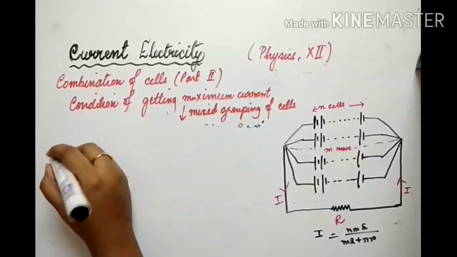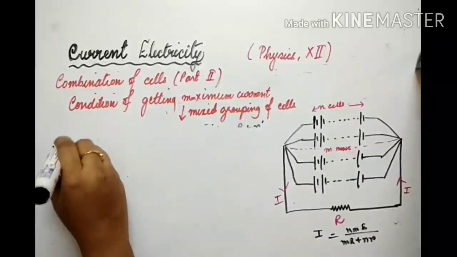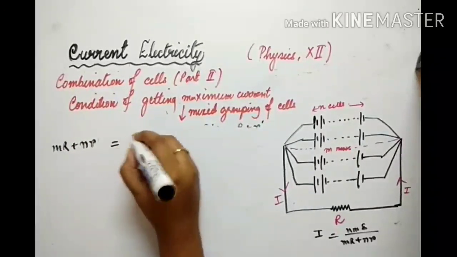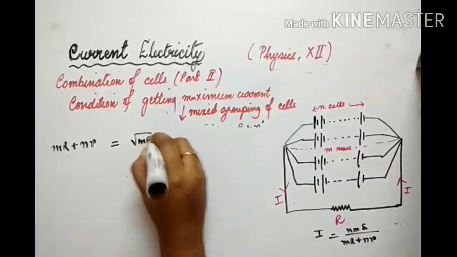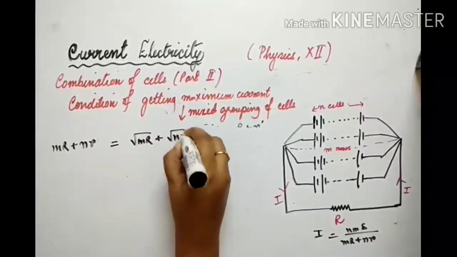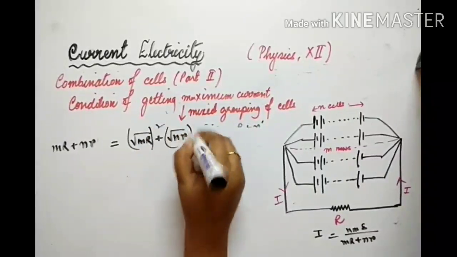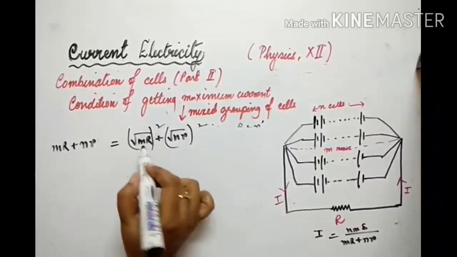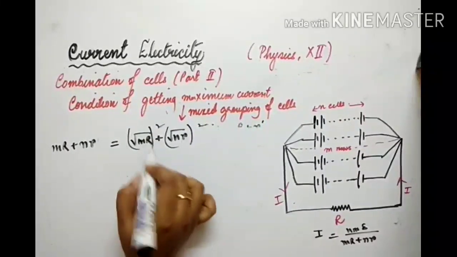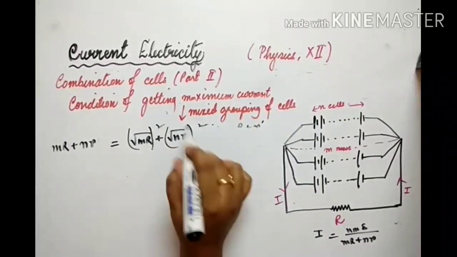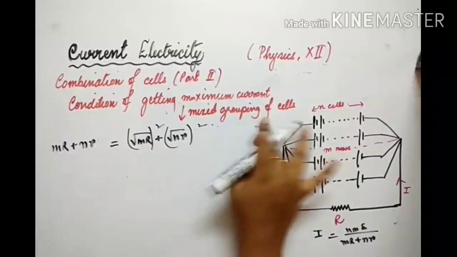So let's write mR plus n into small r. This can be written as root over mR plus root over nr, whole square, since the square of the root gives mR only, and the square of the root of nr gives nr only.